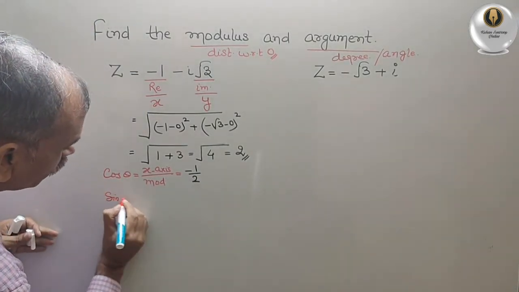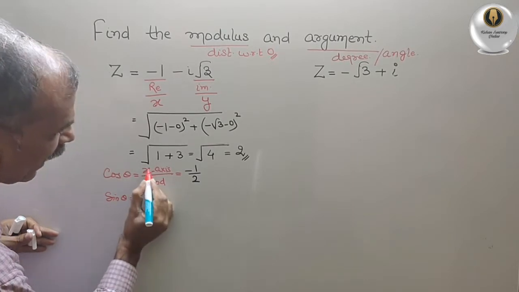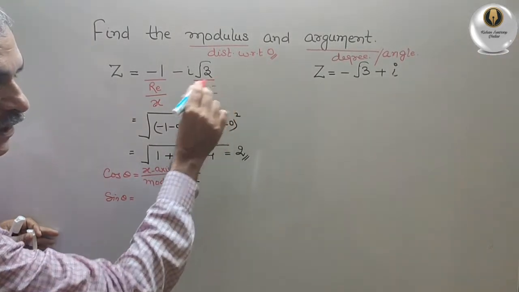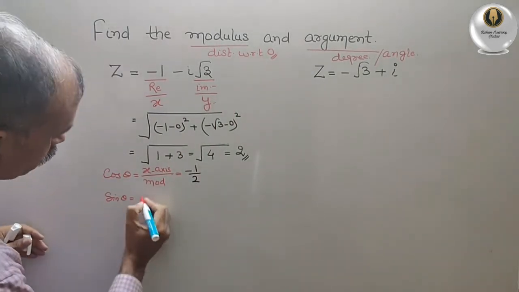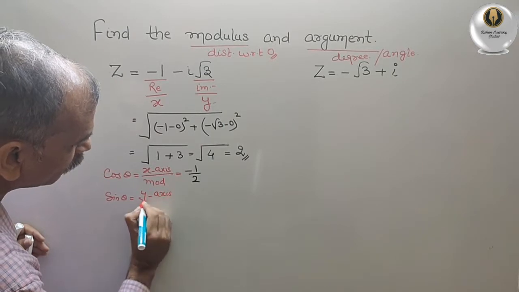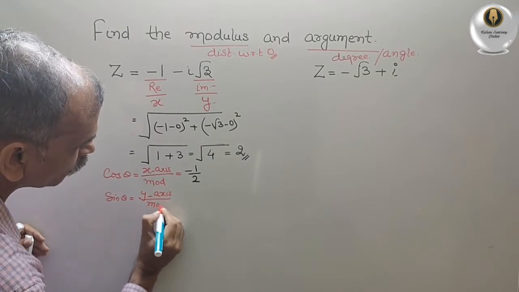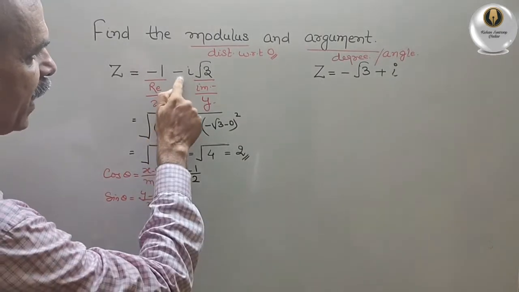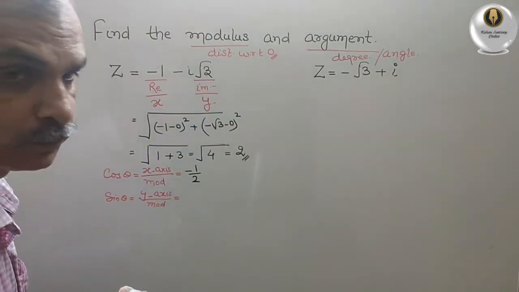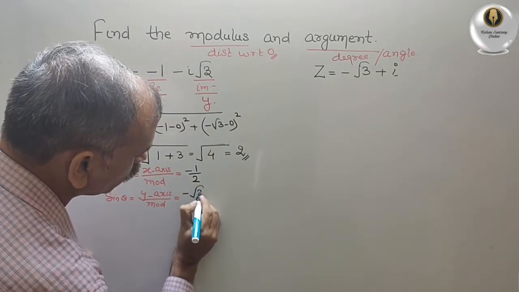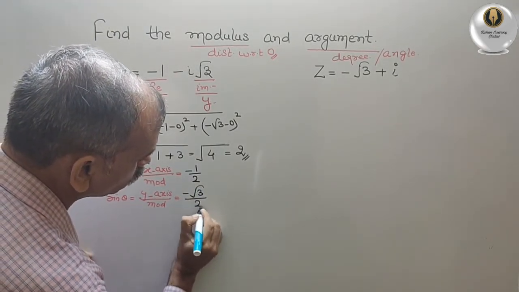Sine theta is equal to the y-axis, or you can say the imaginary part, divided by the modulus. That is equal to minus root 3 by 2. Minus root 3 by 2.